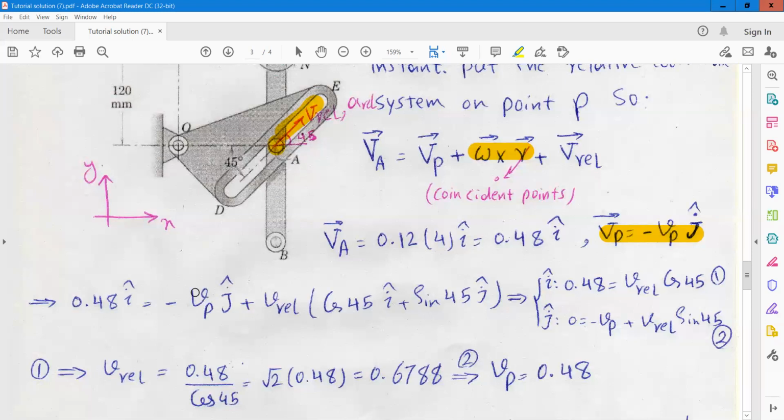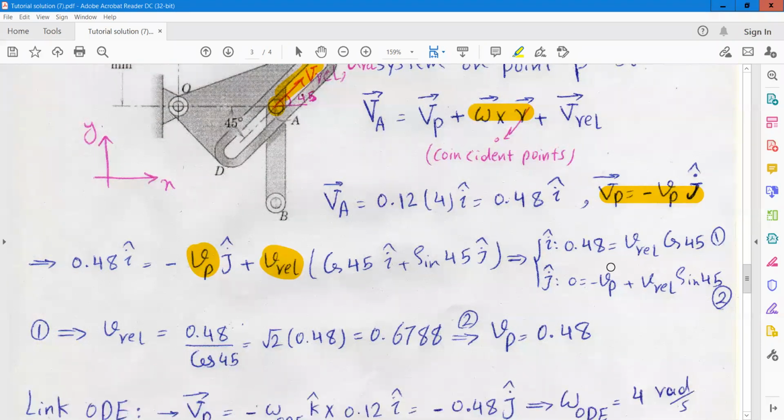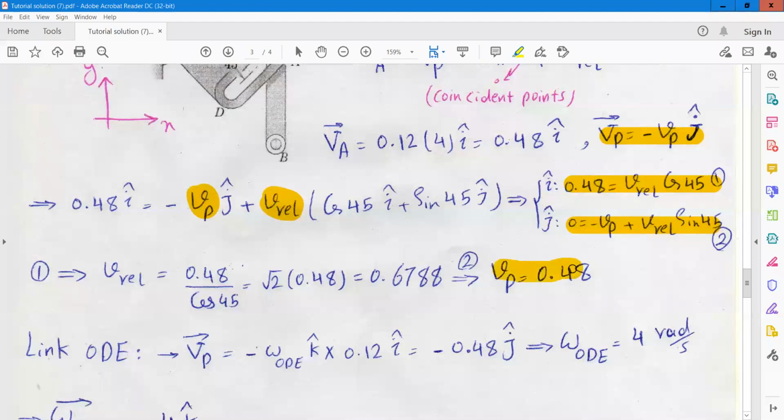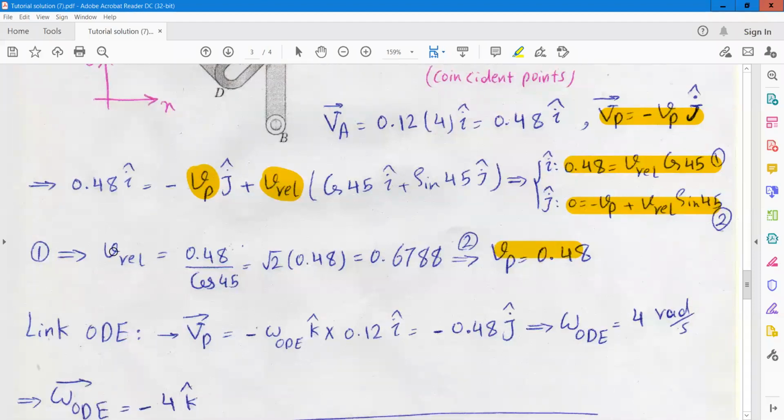We have two unknowns. One is VP, the amplitude of the velocity of point P, and the other is the amplitude of the relative velocity between point P and A. So you can substitute, and we will have two equations with two unknowns. By solving these two equations, you can obtain VP and V relative.